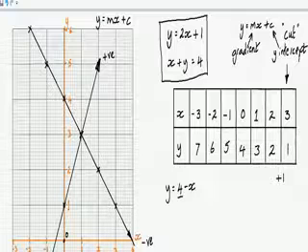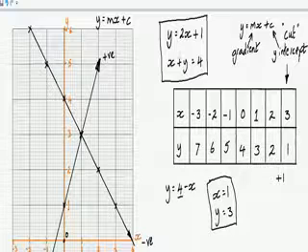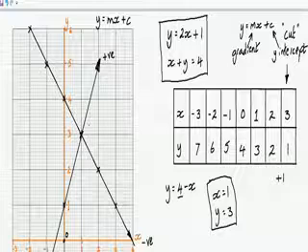And we can see the two lines cross where x is 1 and where y is 3. So you've solved this equation by drawing the lines and answering it graphically, because where the two lines cross you will get an x value and you will get a y value.